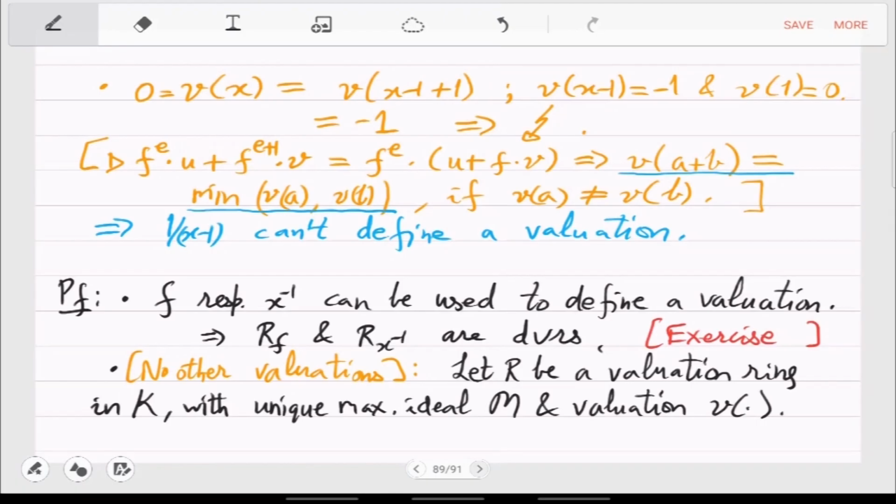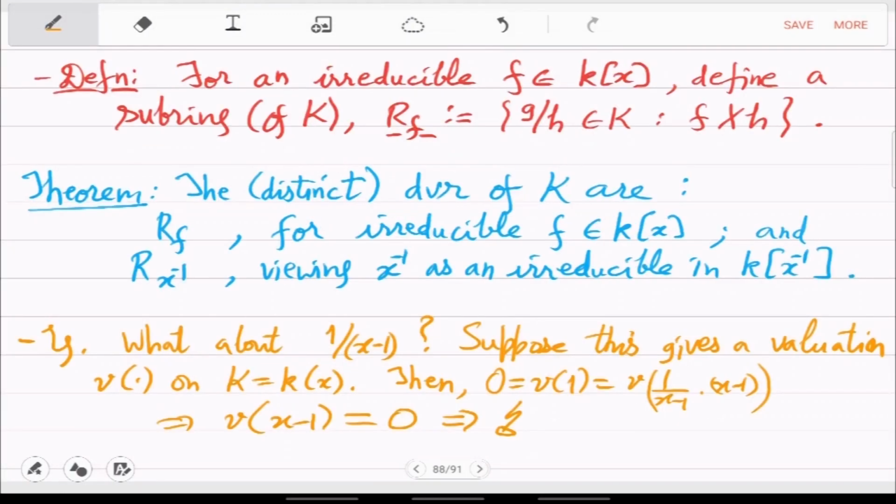No, 0 would mean that basically you have to show that it is outside the maximal ideal. In other words, 1 over x minus 1 should not divide this. For that, first we'll collect all the x minus 1 powers from g and h and then look at the valuation, right?